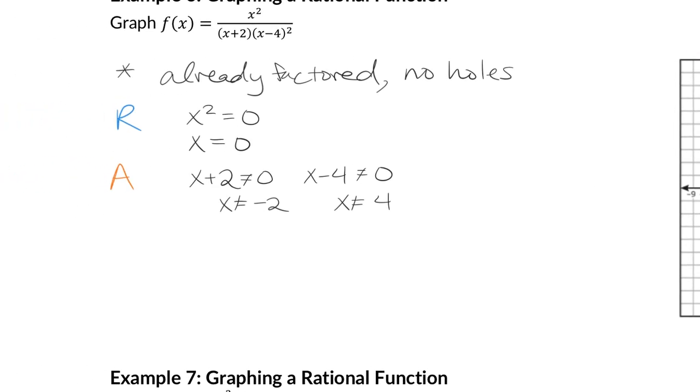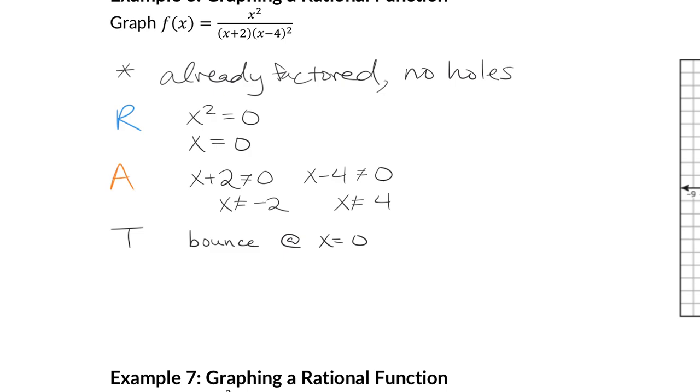Now we do the T. The T stands for tangency or togetherness. Are there any squareds in the numerator? X squared, right? Interesting. So we are going to have a bounce. It's going to touch and turn at that value x equal to 0 because of the square on that factor.